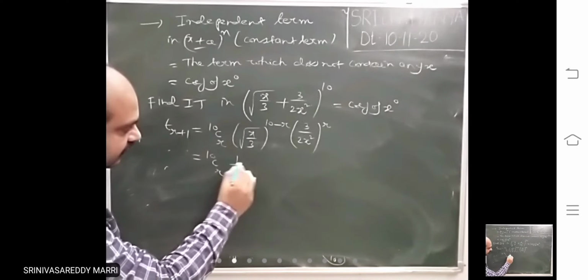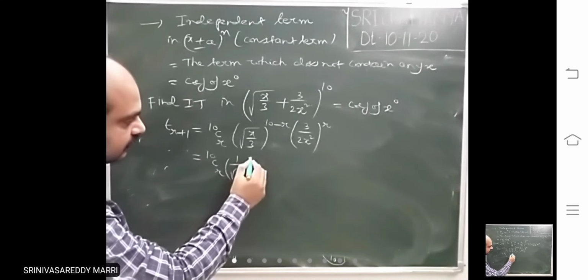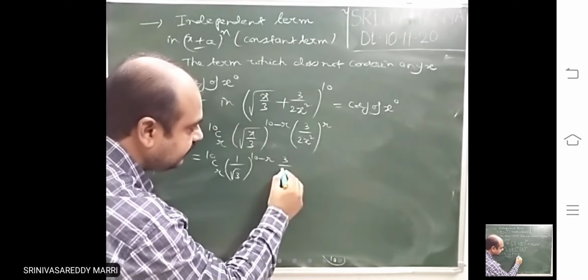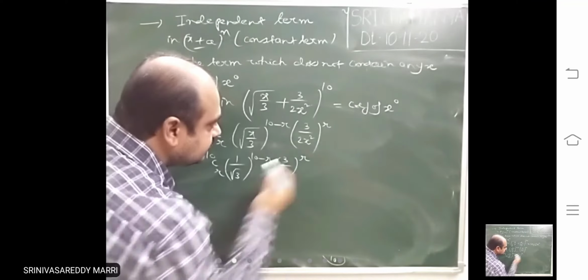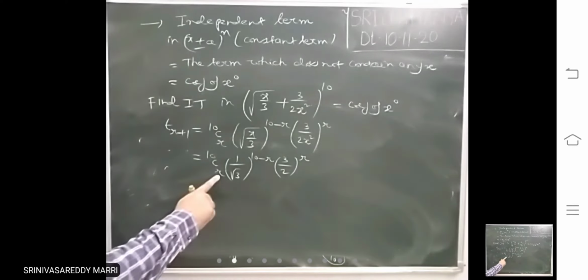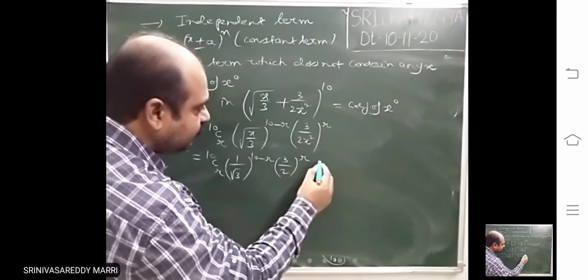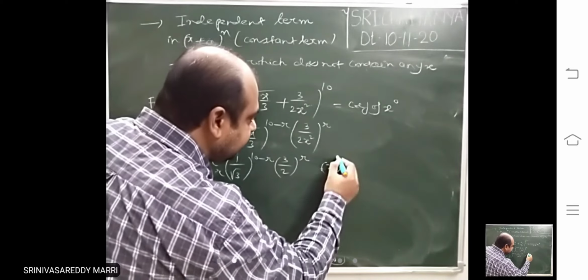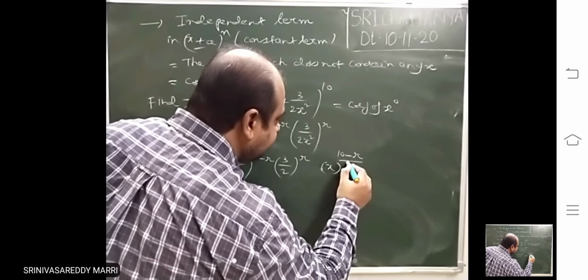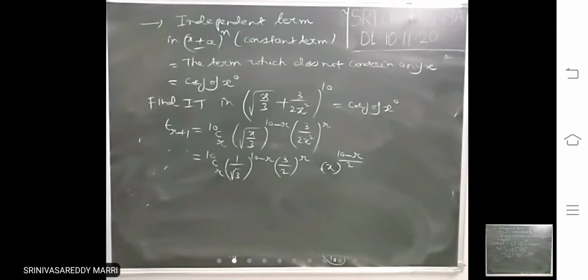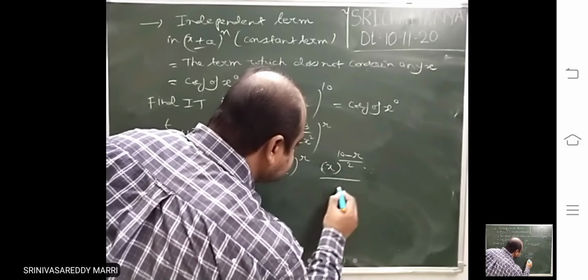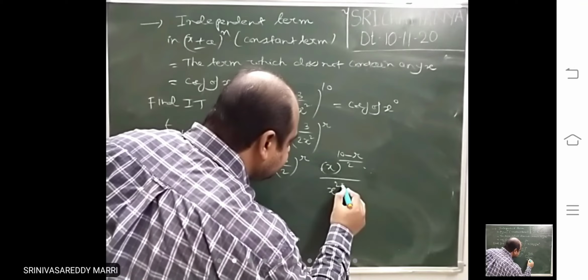Write all constants first. The constants here are 1 by root 3 whole power 10 minus r, and 3 by 2 to the power r. Then root x to the power 10 minus r is x to the power 10 minus r by 2, into x square to the power r, that means divided by x to the power 2r.